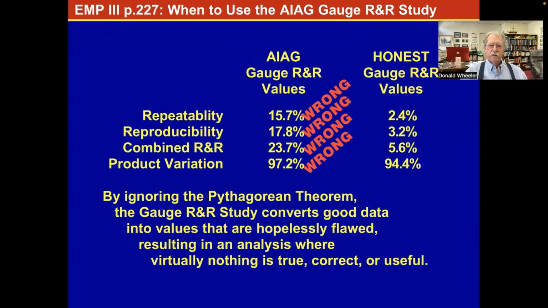By ignoring the Pythagorean theorem, the gauge R&R study converts good data into values that are hopelessly flawed, resulting in an analysis where virtually nothing is true, correct, or useful.